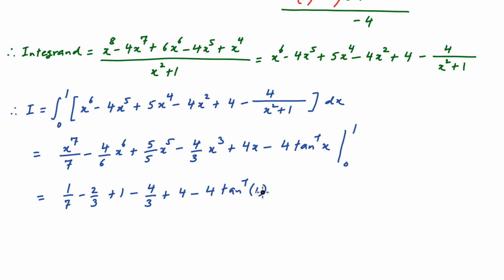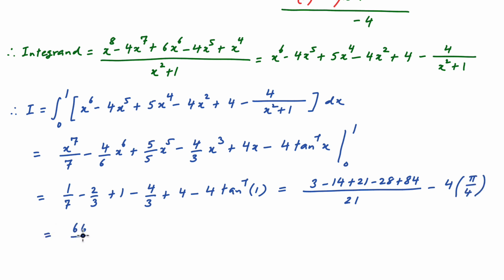All of the terms at the lower limit 0 vanish, and we therefore get 3 minus 14 plus 21 minus 28 plus 84 divided by 21 minus 4 times the value of tan inverse 1, which is pi upon 4. And this simplifies to 66 upon 21 minus pi, which further simplifies to 22 upon 7 minus pi.